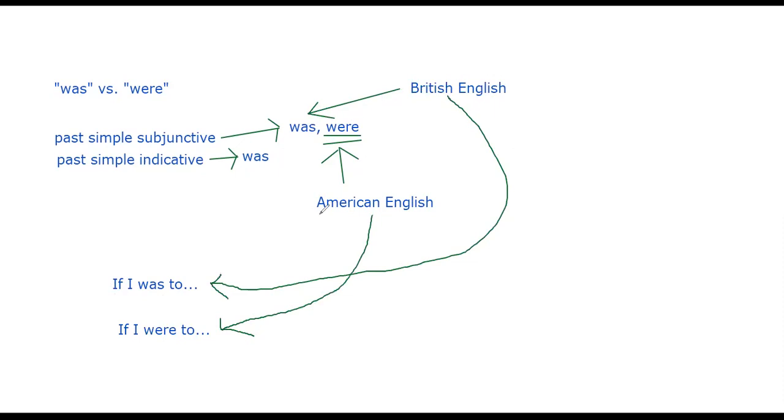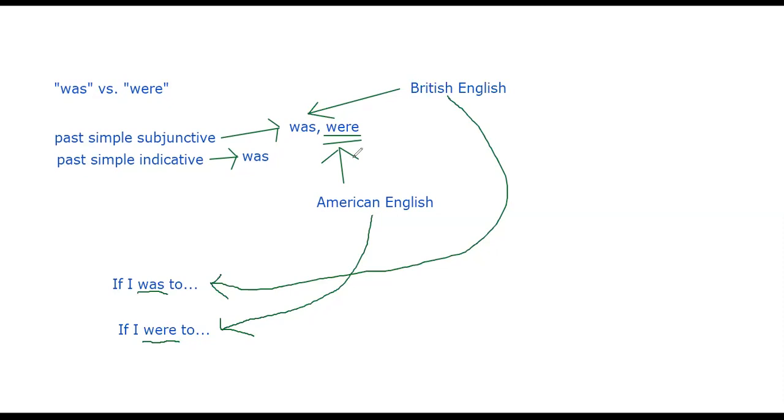We just prefer the were, and British English prefers the was. Although there are some British English speakers who would say were, and there are some American speakers who would say was. It's not like 100%, but Americans do tend to prefer the were form. Brits tend to prefer the was form. Unless it's you, then you would just say you were, not you was. You still have to conjugate normally, but American English just prefers to keep the same conjugation. British English prefers to just conjugate by person. But nowadays you can use either was or were.